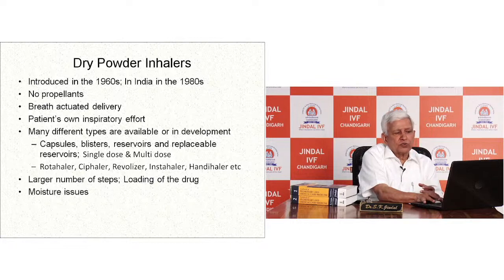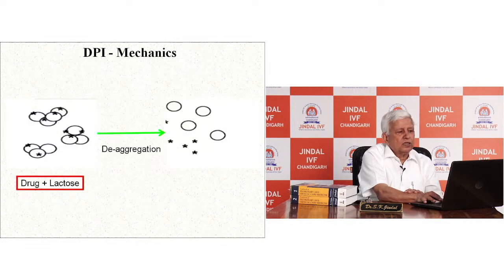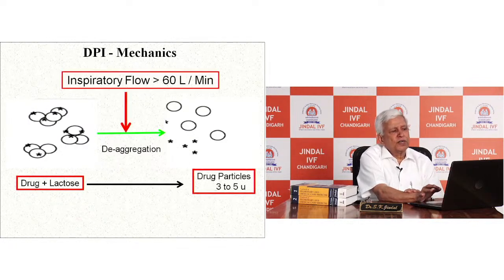And many different kinds of DPIs are available: capsules, blisters, reservoirs, single dose, multiple dose, rotaheads, etc. You can see here that the DPIs contain drug plus lactose, and once the patient inhales, there is deaggregation of these particles, and the drug is inhaled while the lactose part is deposited in the mouth.